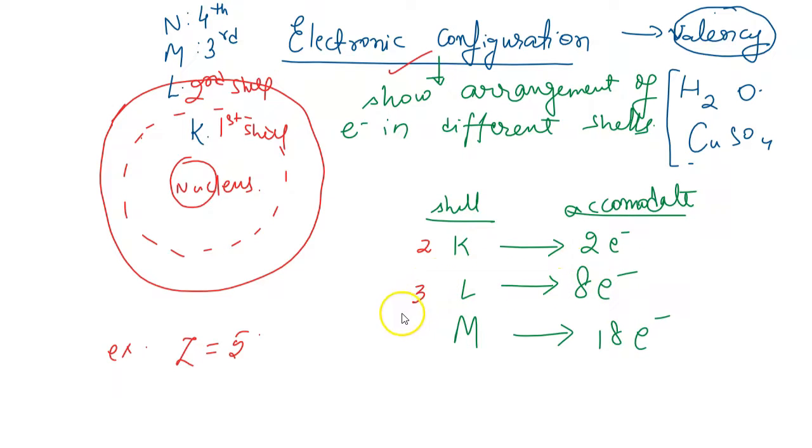So 3 will be present in L shell, and we write the electronic configuration as 2, 3, indicating in K 2 shell, in L 3 shell. Like this. M and N have 0 electrons respectively. So this is the electronic configuration of the atom with atomic number 5.